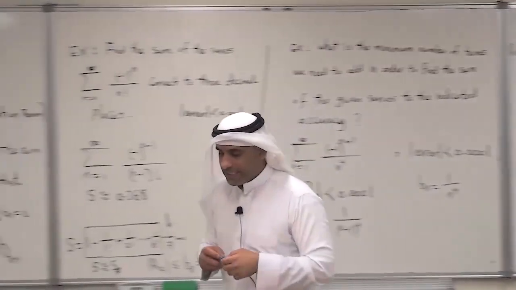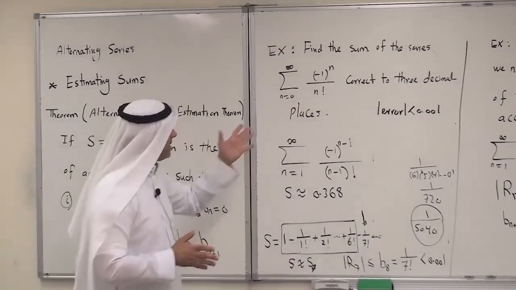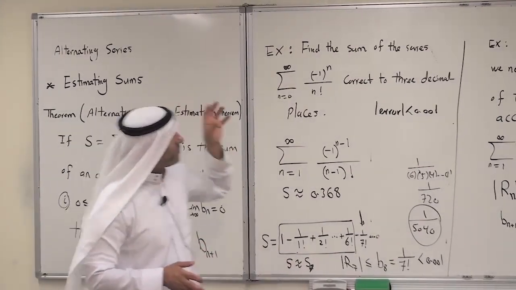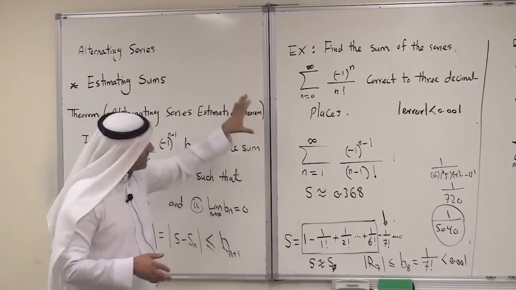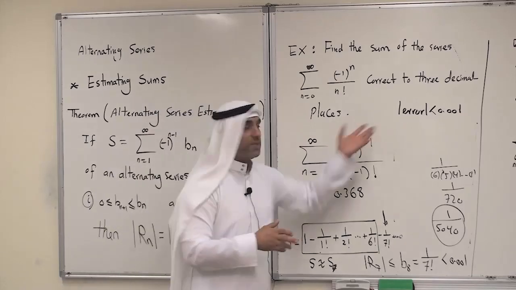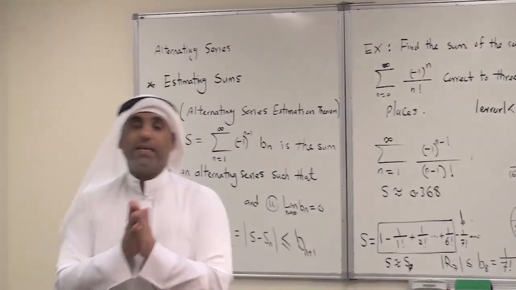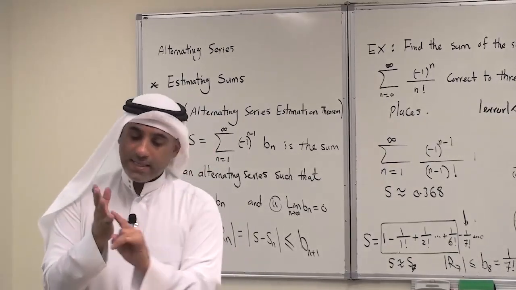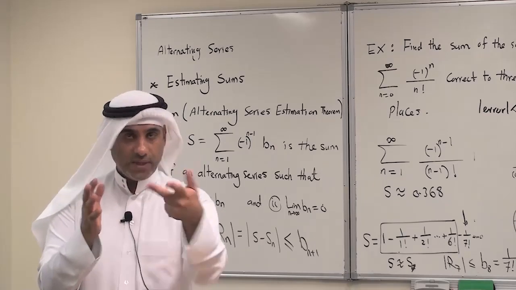That is what we call the estimation theorem. So we did 2 exercises here about the estimation theorem: how to control the number of terms so that we have a certain accuracy, and how to find the partial sums as estimations with a certain accuracy. That is what we call alternating series and estimating sums. Alternating series are a specific type of series defined alternately, positive, negative.